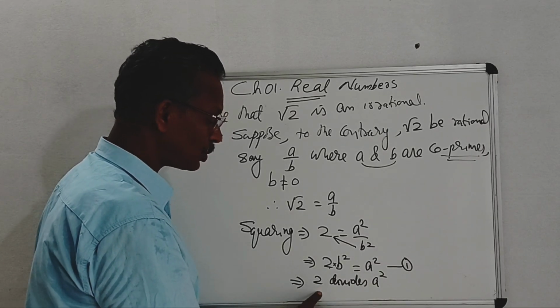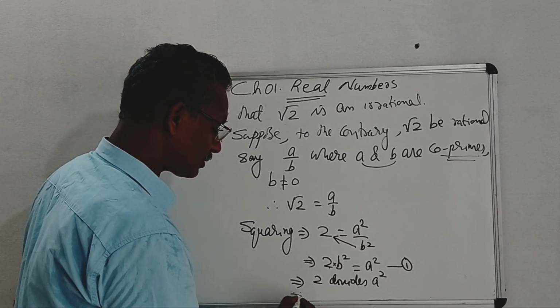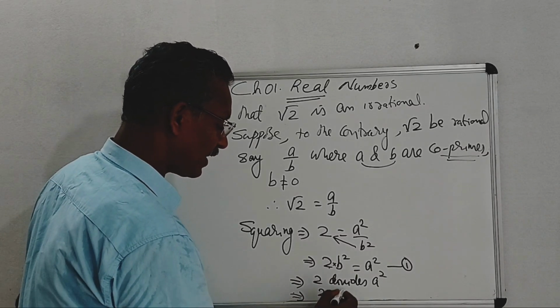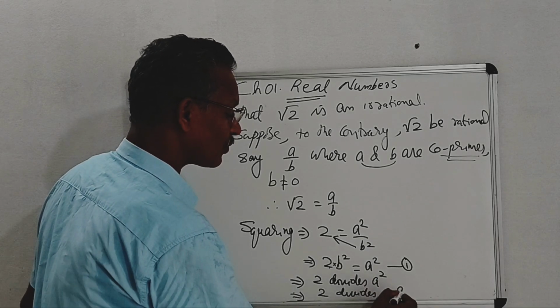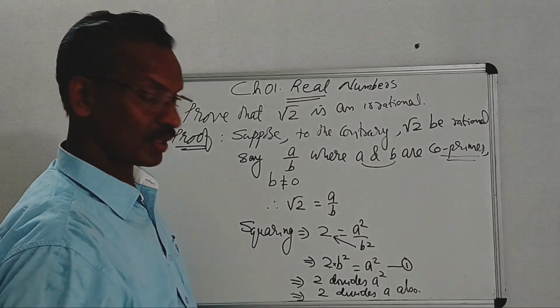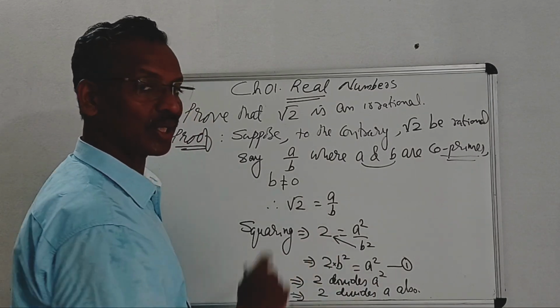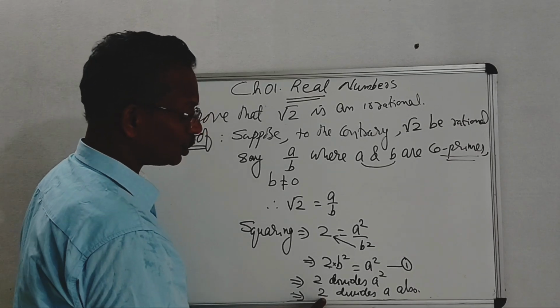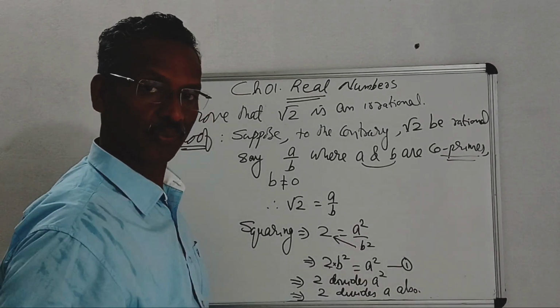A prime number 2 divides a square number, which tells 2 divides the base a also. Have you got it? If 2 is a prime number which divides a square number, then that prime number 2 divides the base a also.